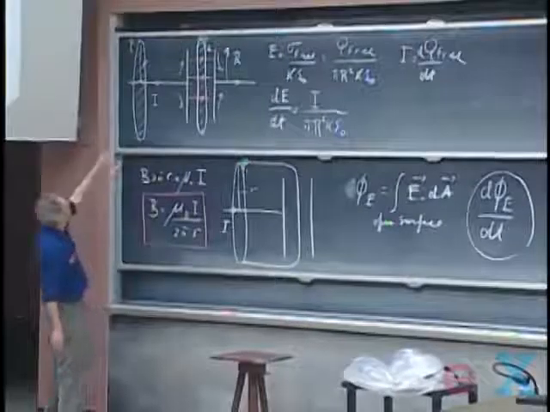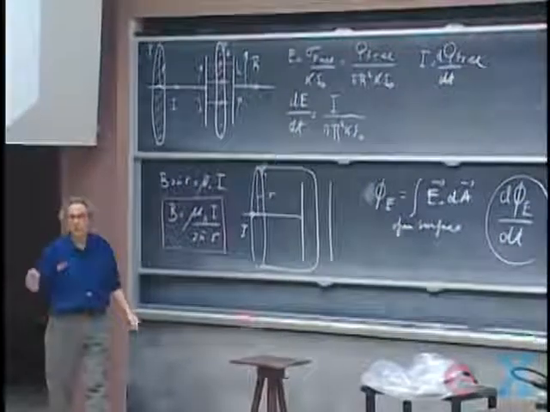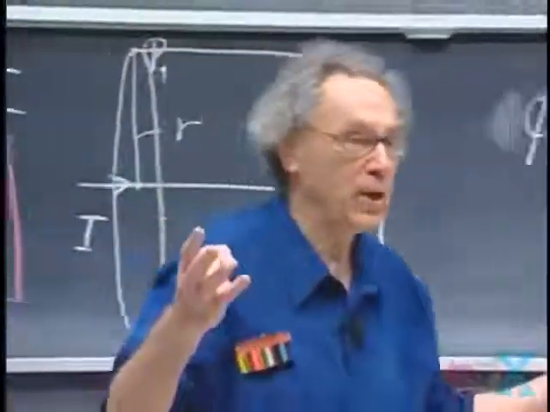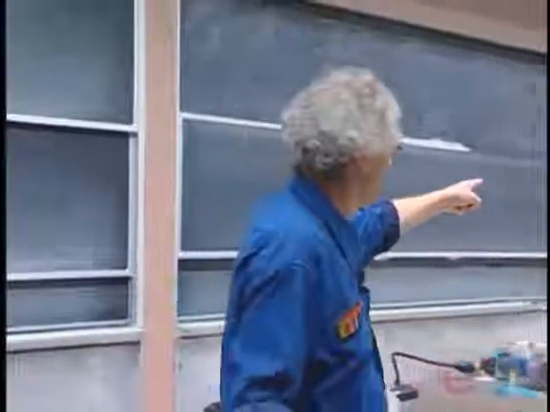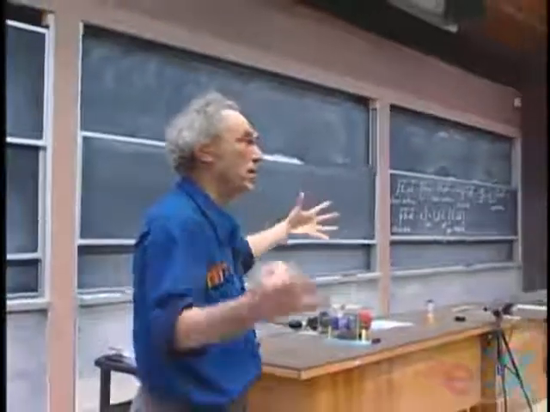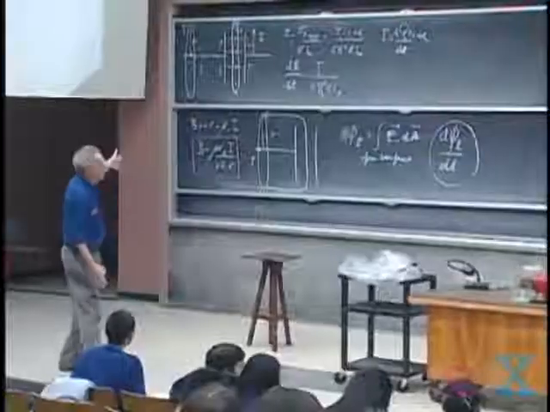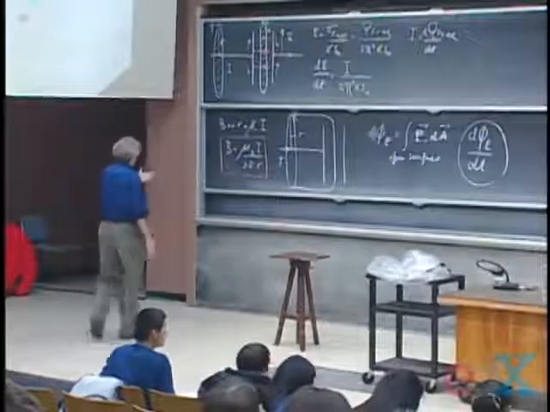If I use that surface, do we agree that there is a current going through that surface, but there is no electric flux going through that surface? So that second term, that displacement current term, is zero for that flat surface. So this answer is completely valid.